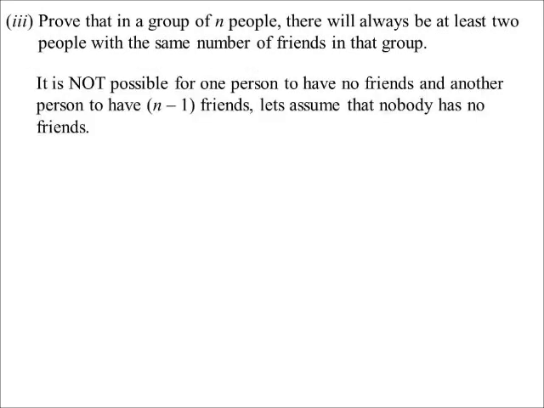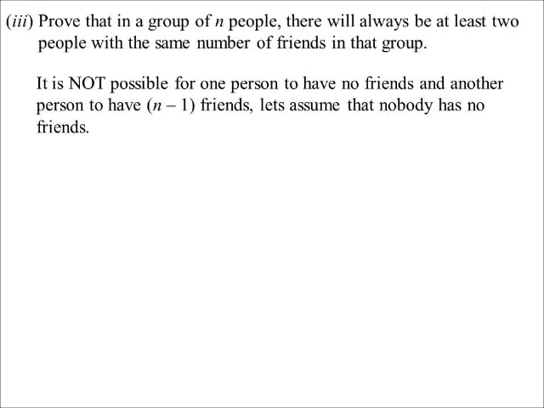It's not going to be possible for one person to have no friends and another person to have n-1 friends. That would be impossible. Remember, there's n people, and obviously, I'm one of the people. So therefore, if I have n-1 friends, that's everyone else. So it would be impossible for someone to have no friends.